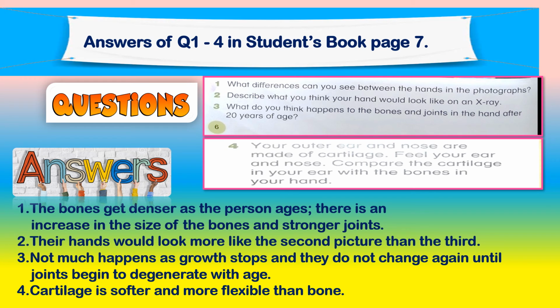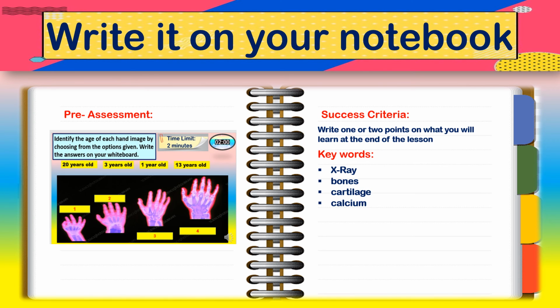And number 4, the answer is, cartilage is softer and more flexible than bone. So you're going to write those answers in your notebook. So write student book or SB, page number 7 and question 1 to 4.